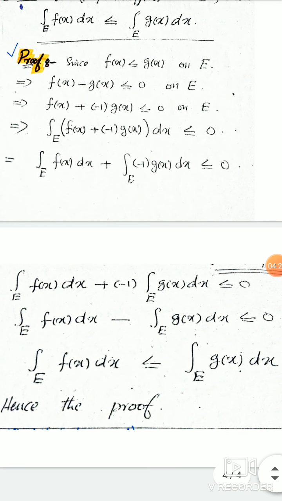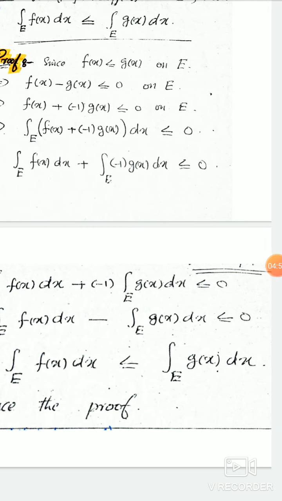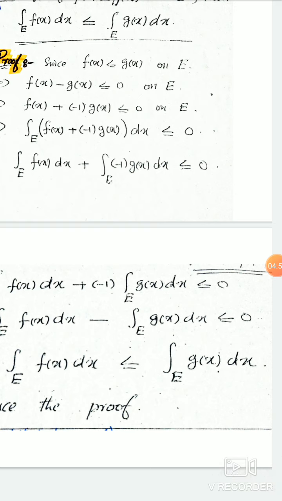Now minus 1 is a constant, so we can take it out of the integration: the integral on E of f(x) dx plus (minus 1) times the integral on E of g(x) dx is less than or equal to 0. The integral on E of f(x) dx minus the integral on E of g(x) dx is less than or equal to 0. Now shifting the negative integral of g(x) dx to the right side, it becomes the integral on E of f(x) dx is less than or equal to the integral on E of g(x) dx.